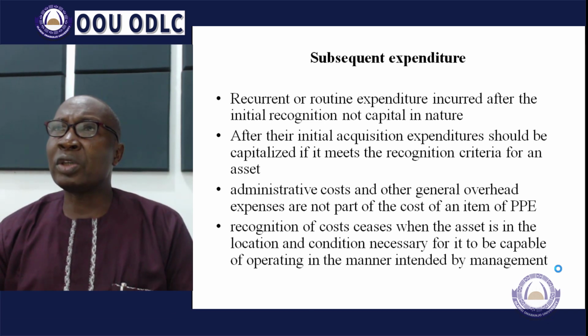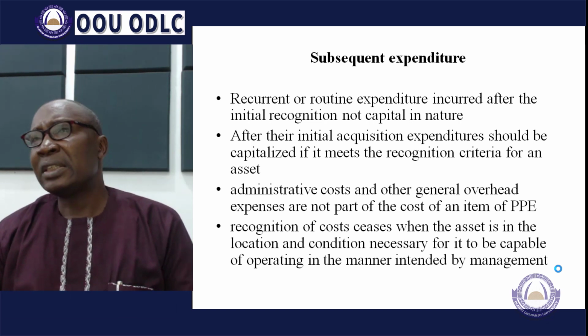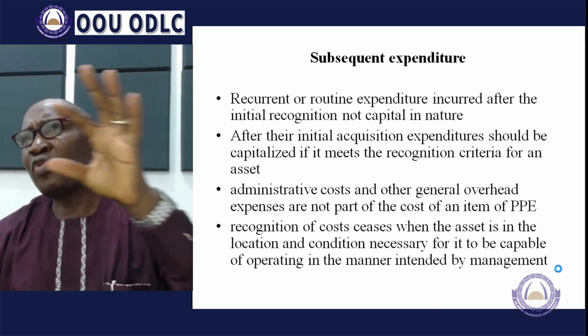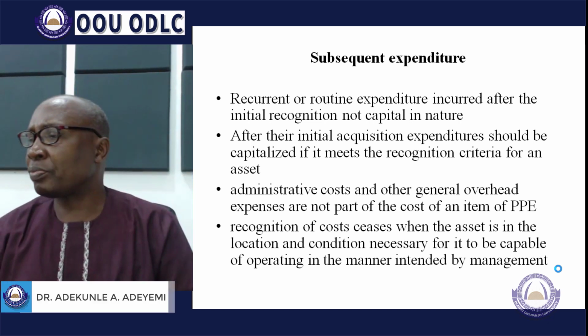The difference between the cost of acquisition and the estimated scrap value is the depreciable value of the asset. This is the amount that could be depreciated over the estimated lifespan of the asset.